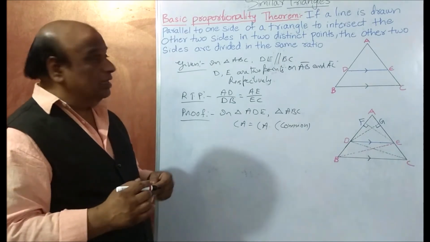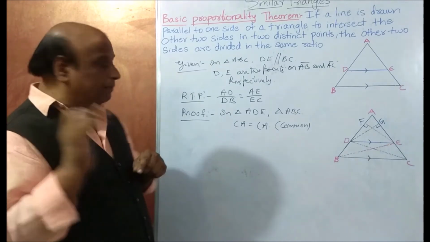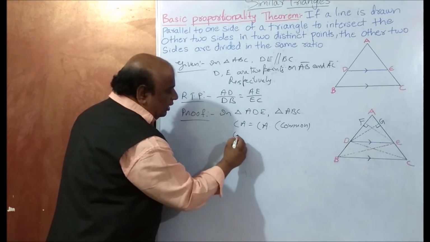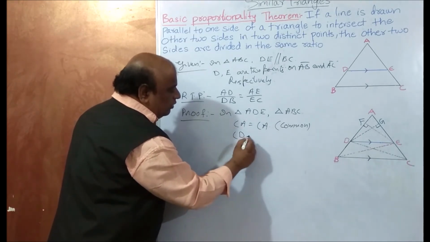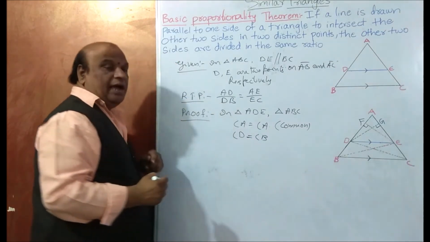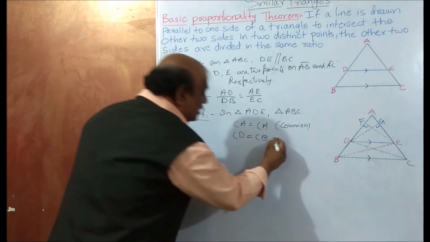After that, DE parallel to BC, that is the given. Since DE parallel to BC, angle D is equal to angle B, corresponding angles.